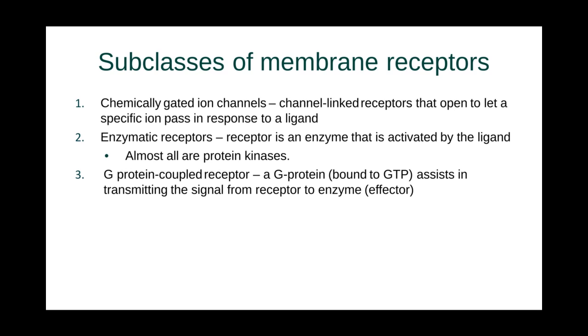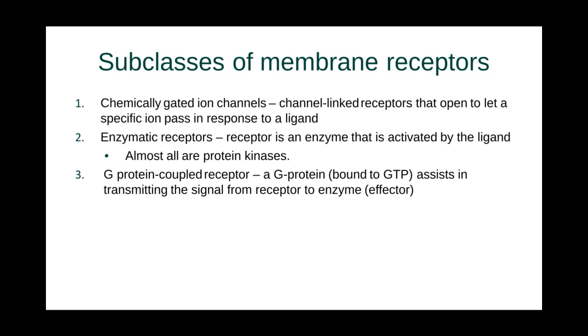Now, when we break down some of these membrane receptors, there's a couple of classes that we need to talk about in relationship to cellular signaling. And so the first is what we call chemical gated ion channels. Try to say that 5 times fast. It's channel-linked receptors that open and let a specific ion pass in response to a ligand.